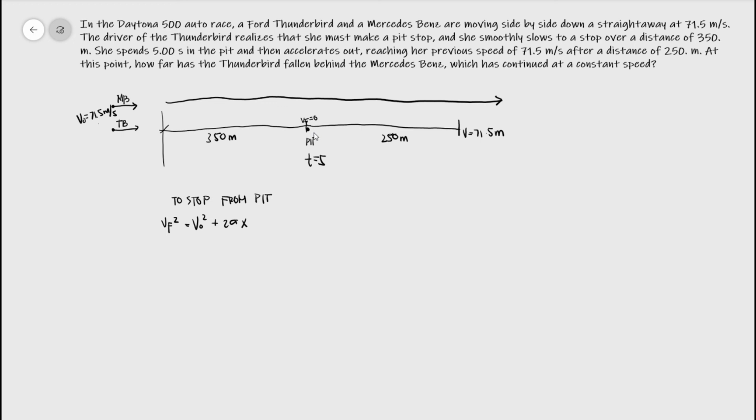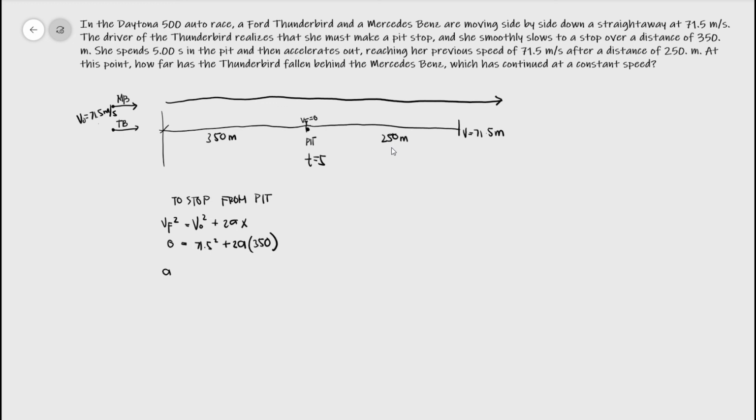Okay, and for the distance traveled, that is 350 meters, therefore this will become 0 equals 71.5 squared plus 2a, then we do not know the acceleration, therefore we need to get its deceleration to get the time later. Then for the distance traveled, we have 350.